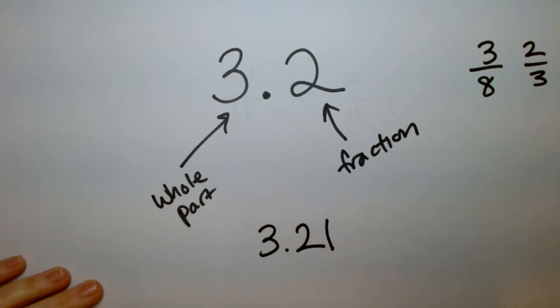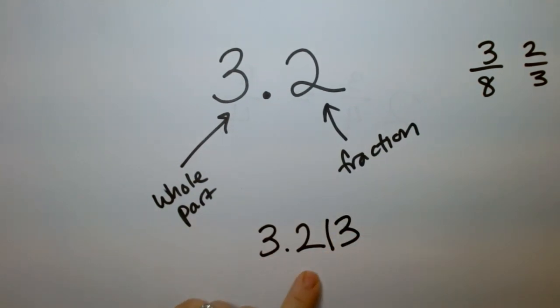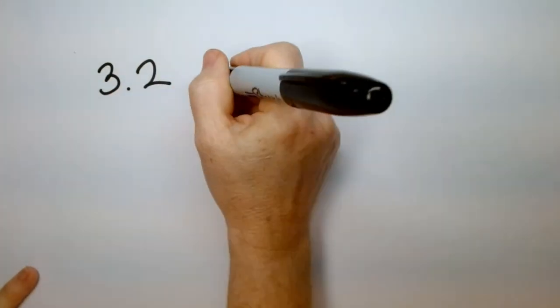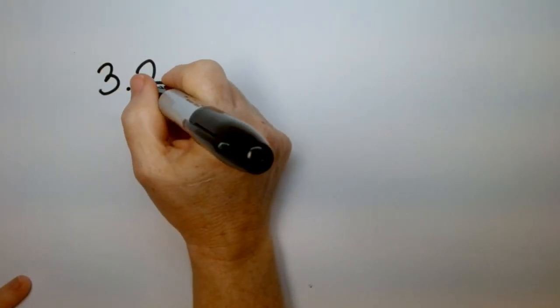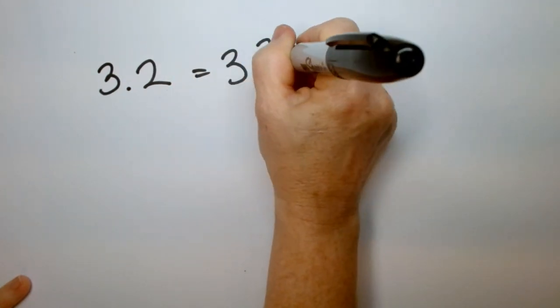If I put a 1 out here, this is 3 and 21/100ths. 3 and 213 thousandths. Okay, so what am I saying? What I'm saying is 3.2 is this, and some people just say 3.2. You can also say 3 and 2/10.